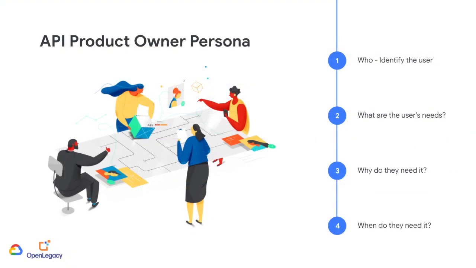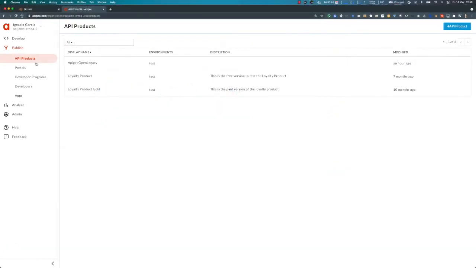Finally, we will focus on the API product owner persona. This persona will focus on how the API product is consumed, who is the user, what are the user needs, and why do they need to use it, and when do they need to use it. The API product owner can easily generate API products using Apigee.